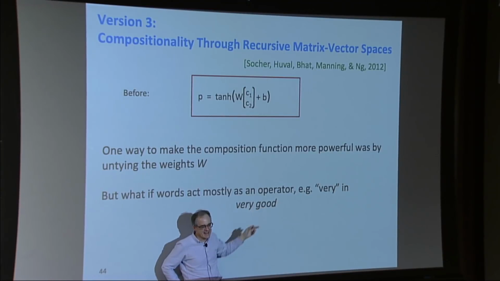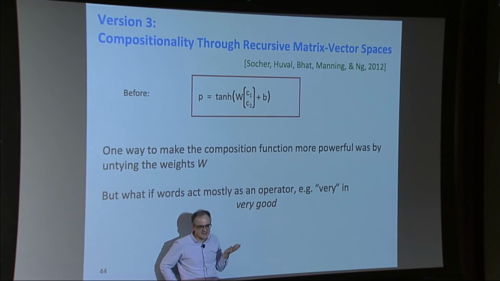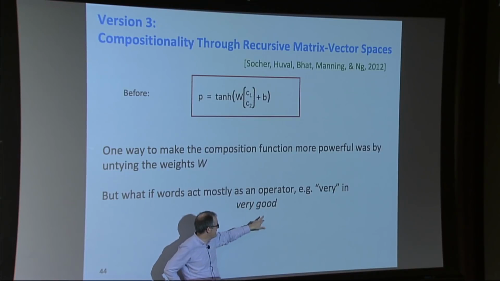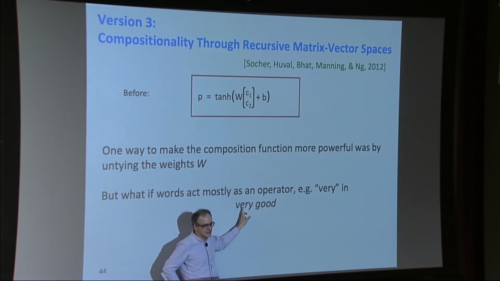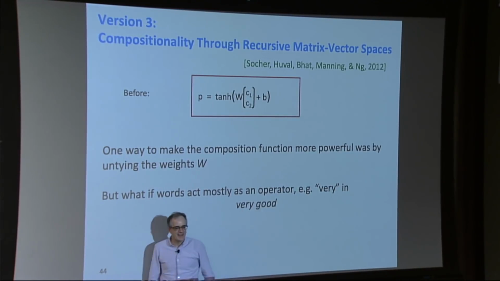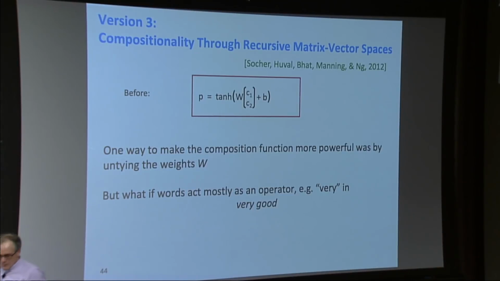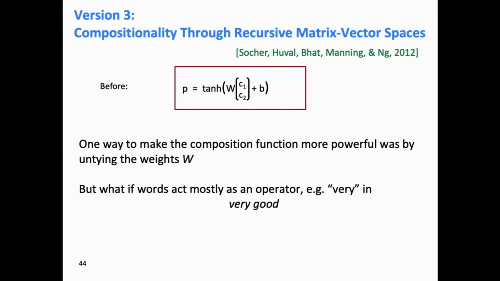And indeed, that's the approach typically taken in linguistic semantics. In linguistic theories of semantics, you'd normally say, okay, good has a meaning, and very is a function that takes in the meaning of good and returns the meaning of very good. And so we wanted a way of putting that into a neural network.